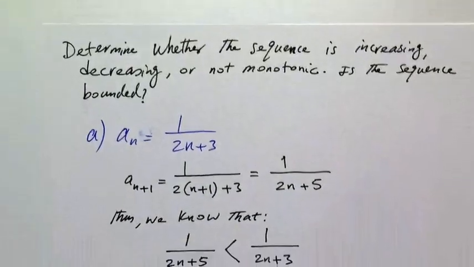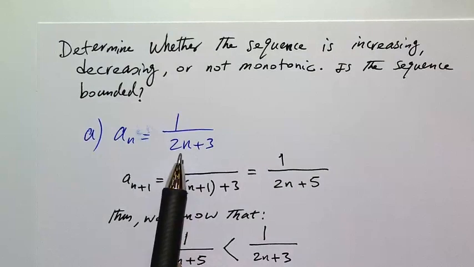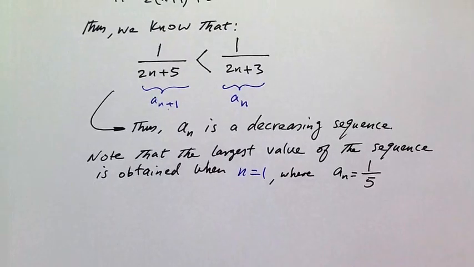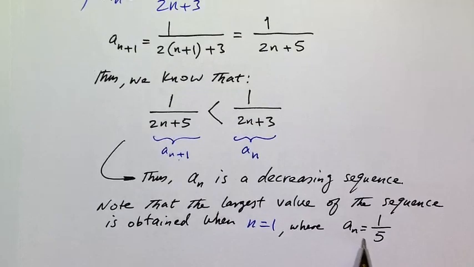Again, just substitute n with 1, you get 1 over 5. What about the smallest value? So from this statement, where I'm going is that it is bounded. It is bounded for sure above. Let's see if it's bounded below.